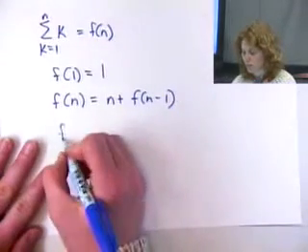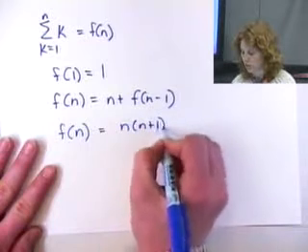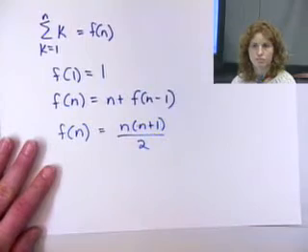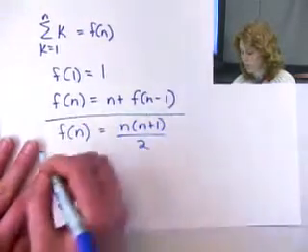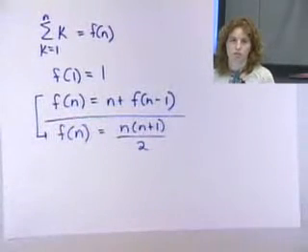Okay, and this one we happen to know, since we've proved by induction, we happen to know that this formula is n times n plus 1 over 2. So let's prove that these two things are equal using induction.